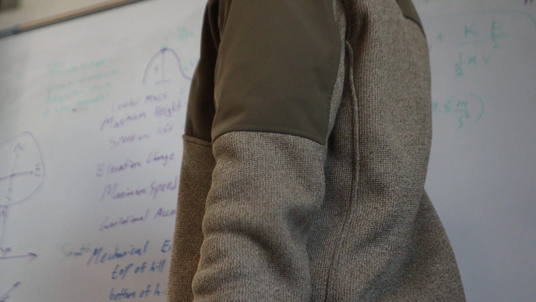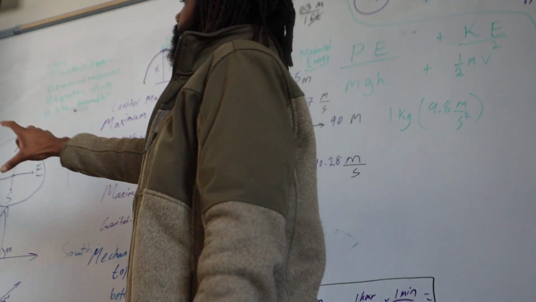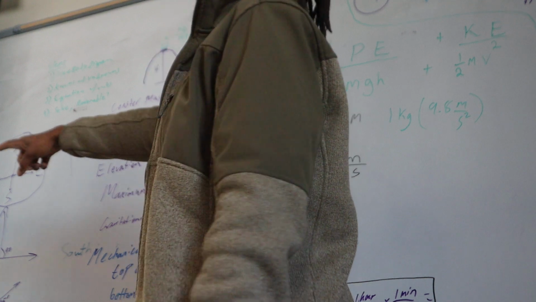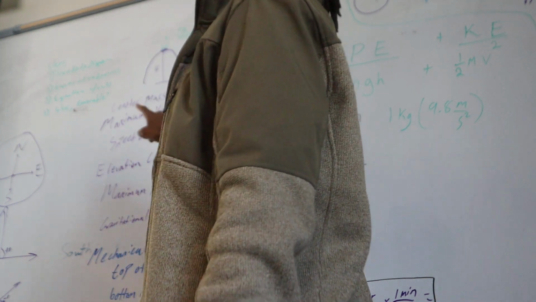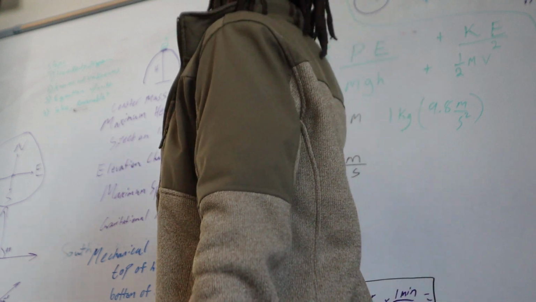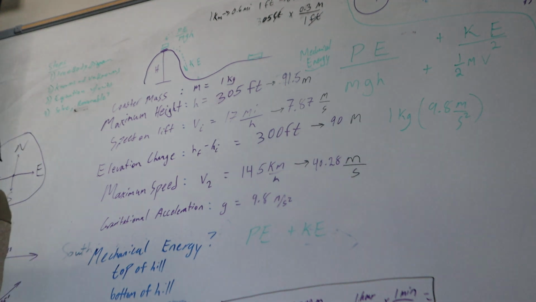So the maximum height is that, where it says 25 meters. That's our maximum height. But then final minus initial, the elevation change, that's this height. So this final minus initial. The maximum height includes this dip right here.